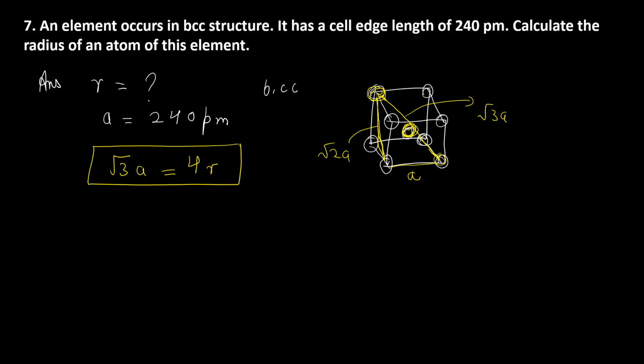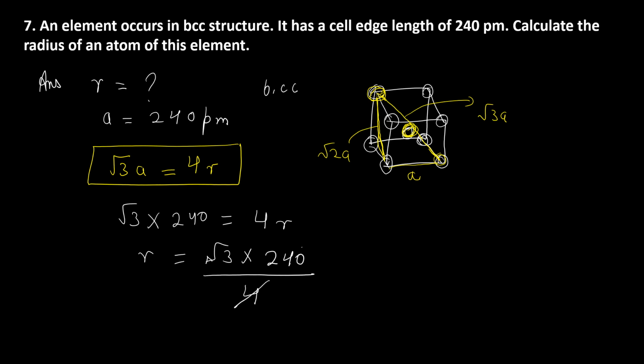Now root 3 and A is given to you, 240, equal to 4R. So R comes out to be root 3 into 240 upon 4. So it becomes 4 sixes are 24, so R is equal to 60 root 3. Or you can solve it further, 60 into 1.73 picometer. So this would be the answer.